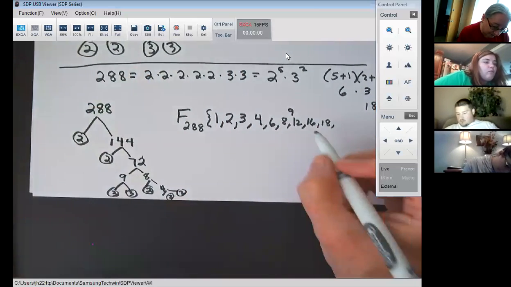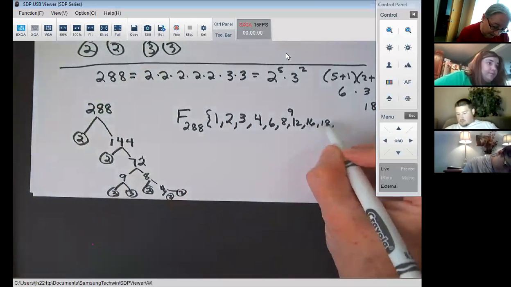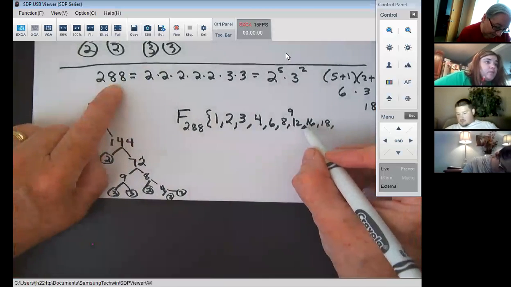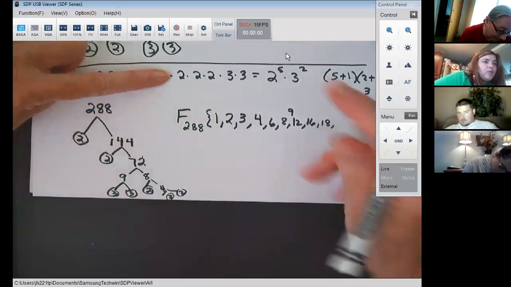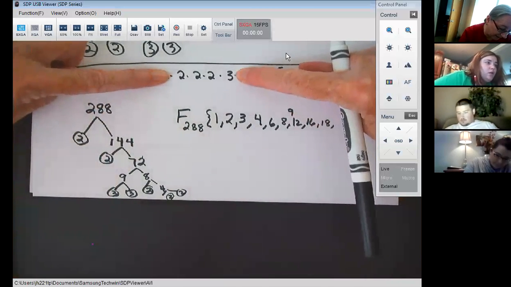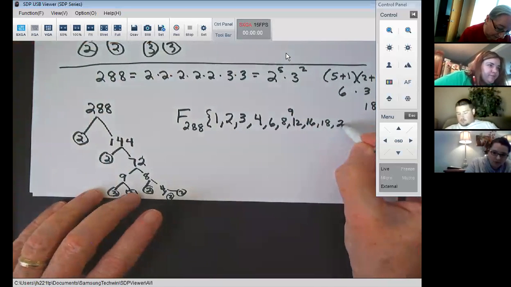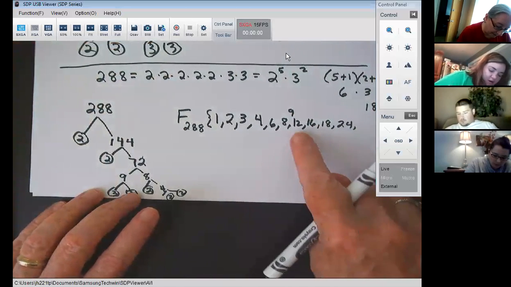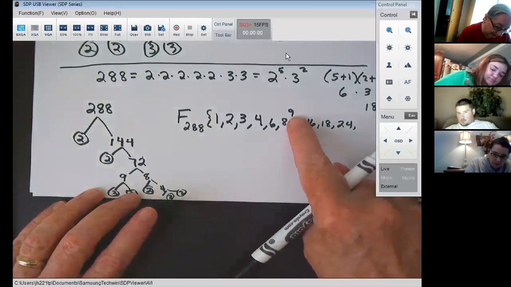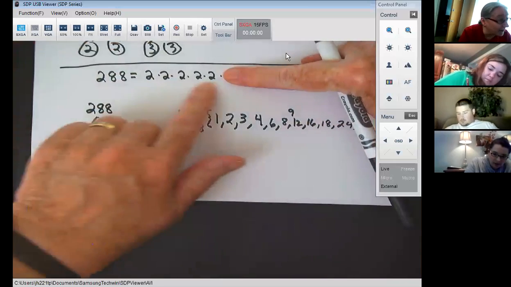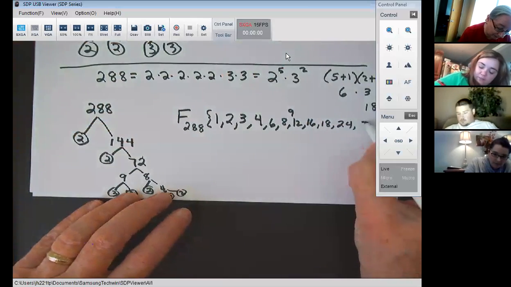All right, so 16 goes with 18, and then 12, well, let's see, if we cover up the factors that make 12, that gives us 8 times 3, or 24, as its partner. And then if we do 9, that would cover up this, and that means we've got 5 2s, so that'd be 32.